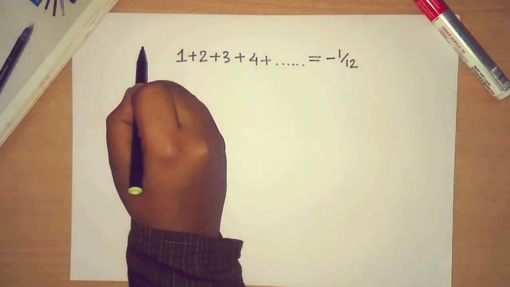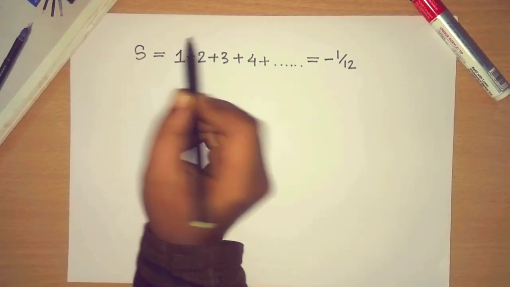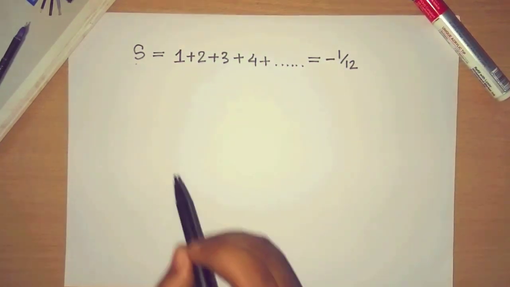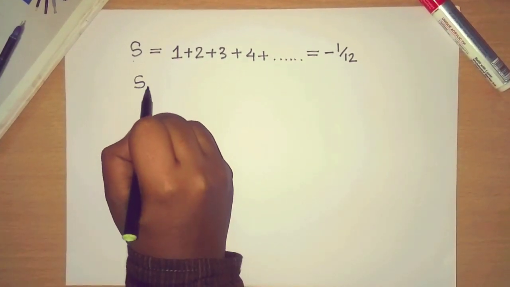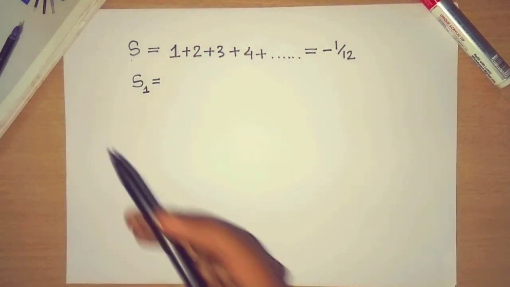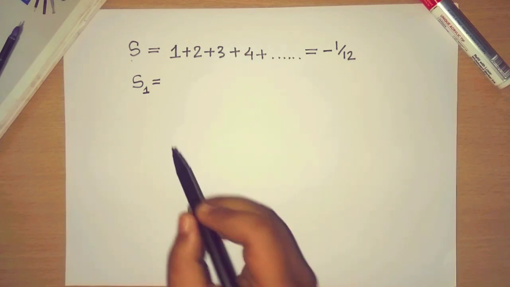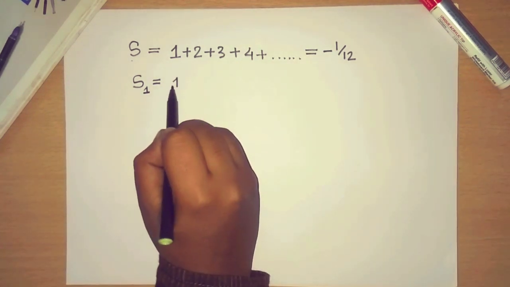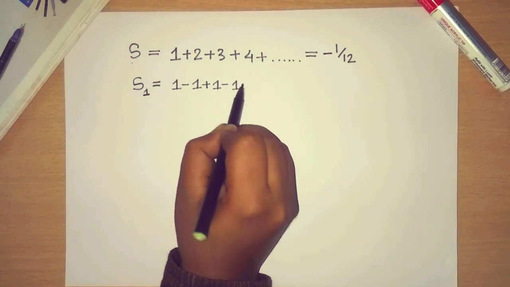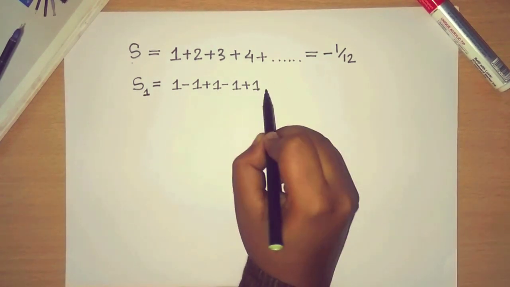Let's first of all give this a value s. So s equals this infinite sum, and let's say s1 is another sum, a group of numbers which are added, and that is 1 minus 1 plus 1 minus 1 plus 1 minus, and it goes on.